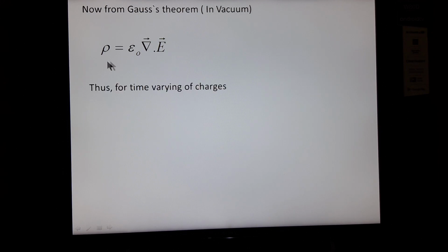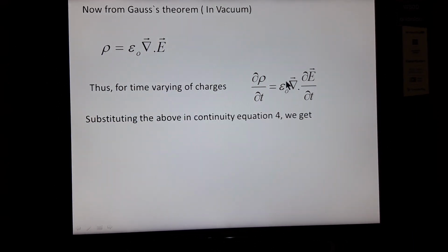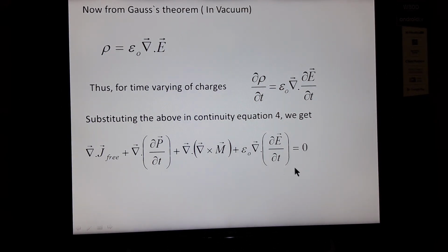Now, taking the time variation of this expression, we get del rho by del t equals epsilon naught times the divergence of the rate of change of electric field in free space. Now, substituting this quantity in our present equation of continuity, del rho by del t is replaced by this quantity, and we get equation 5.